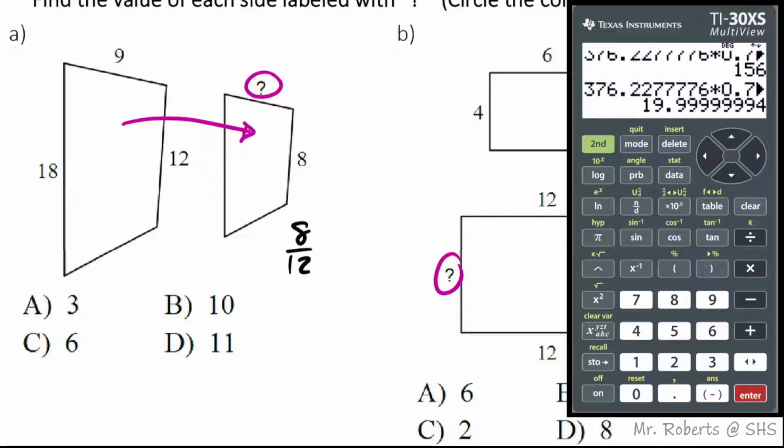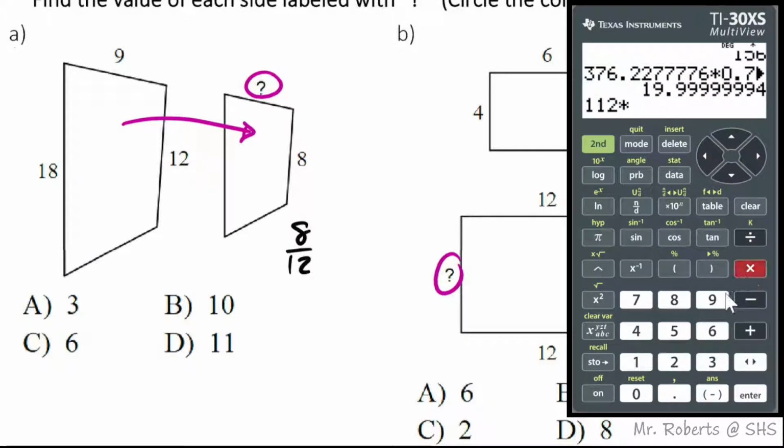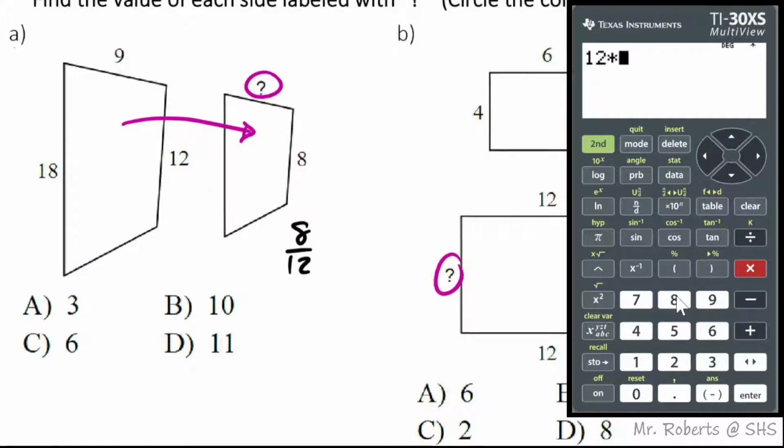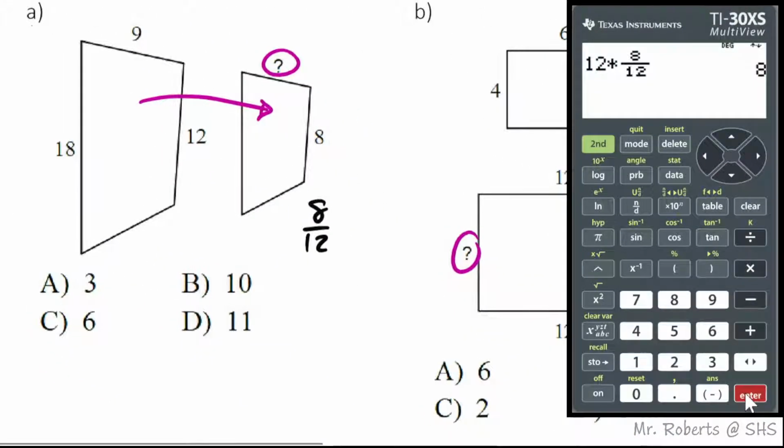So if I take any dimension, for example the 12, and multiply it by this scale factor of 8/12, it's going to give me the new one. New over, what am I doing? If I take 12 and multiply that by 8/12, it better give me 8, and it does. So if I take any of these dimensions and multiply by the scale factor, it's going to give me the corresponding side.